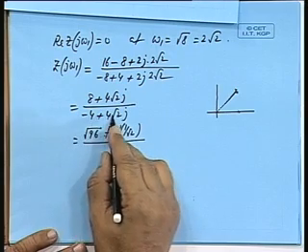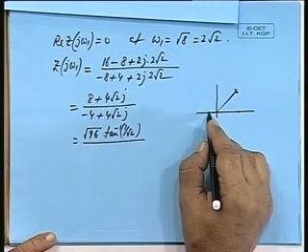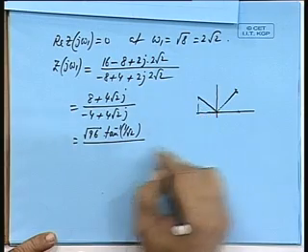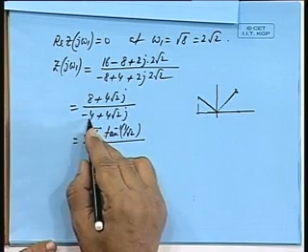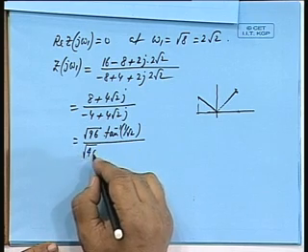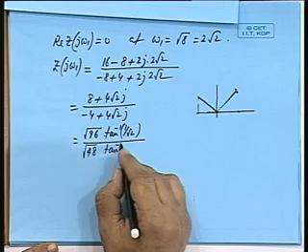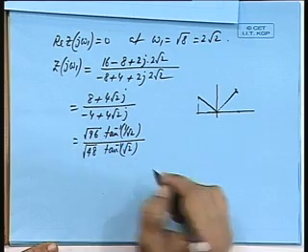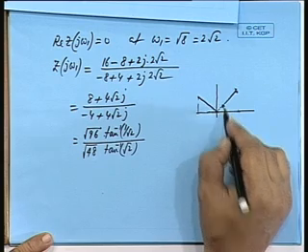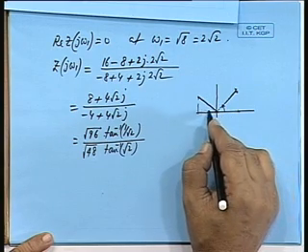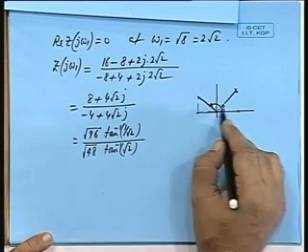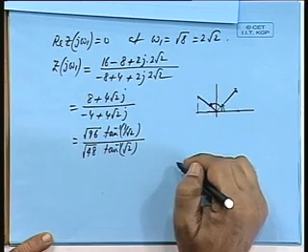And the denominator is minus 4 plus 4 root 2 j: 4 4s are 16 plus 32, so root 48, and the angle is tan inverse root 2, but it is more than 90 degrees.